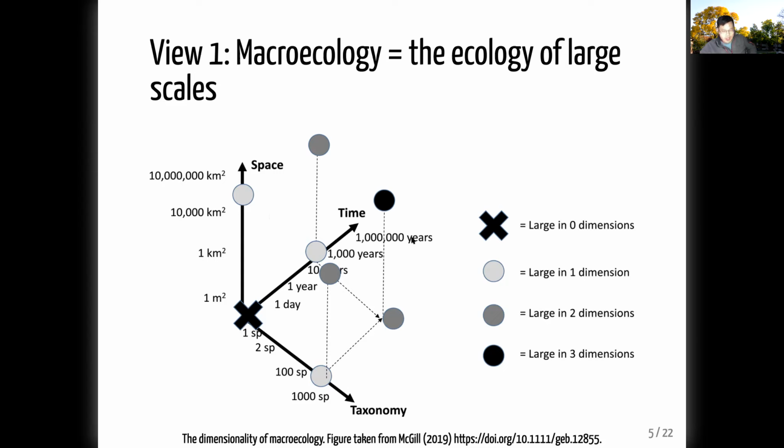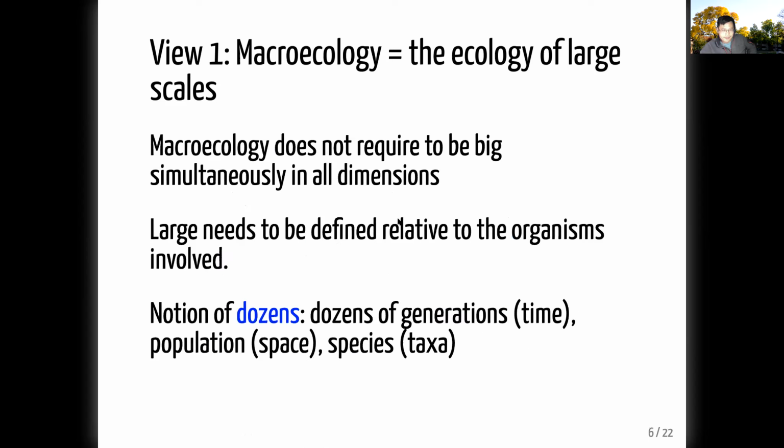So this is the three very common dimensions when we talk about scales. And macroecology does not require being big simultaneously in all dimensions. It can be, say, big in number of species and a large area. That's basically spatial patterns of, say, species diversity, as an example.